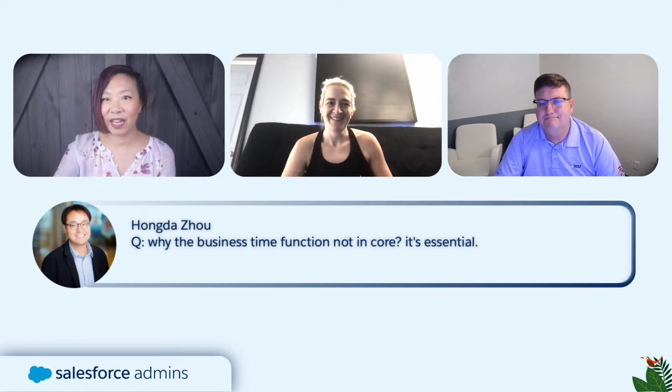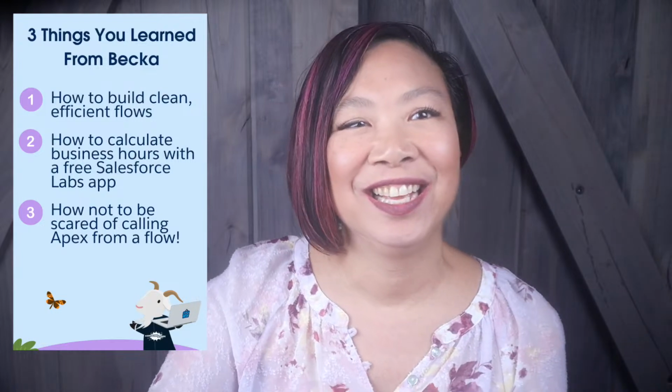All right, and it looks like we answered all the questions. So we're going to move on to the recap. So let's recap what we learned from Becca's portion today. We learned how to build clean, efficient flows, how to calculate the business hours with a free Salesforce Labs app that she talked about, and how to call Apex from a flow.